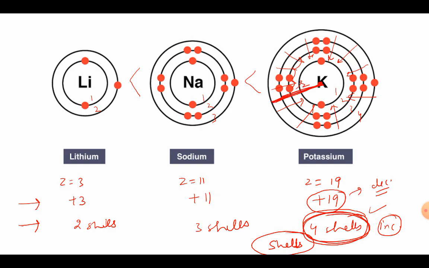This is the radius. So now we are clear that if we have to decide between nucleus force of attraction and shells in a group, shells are the stronger factor.